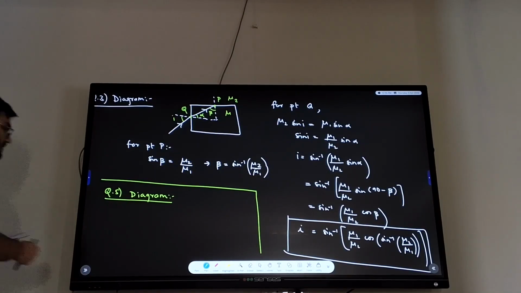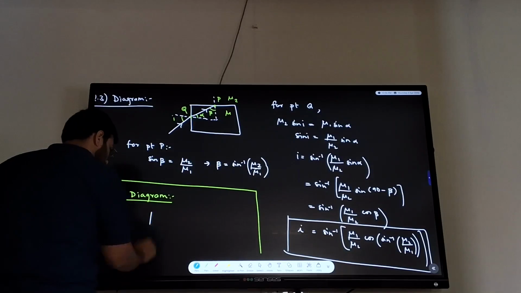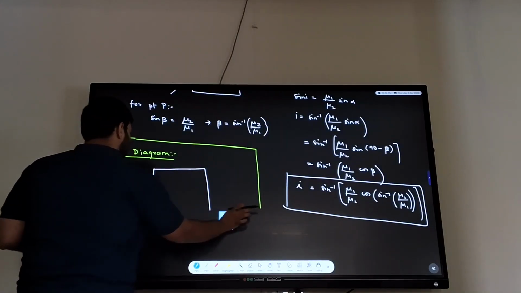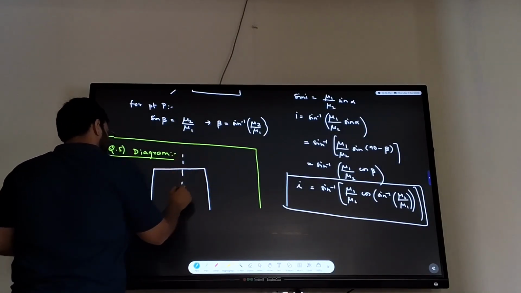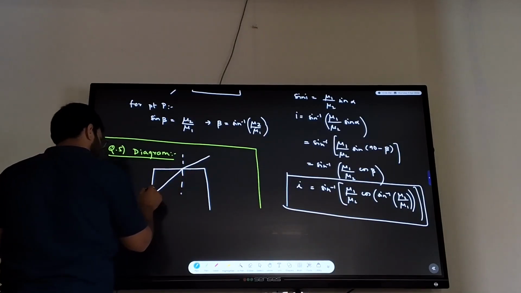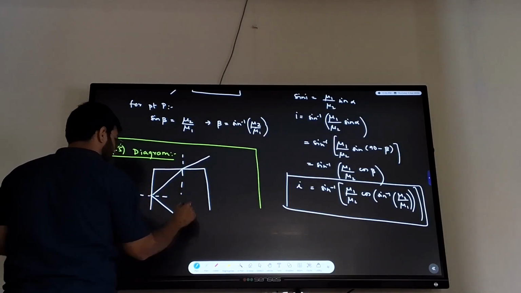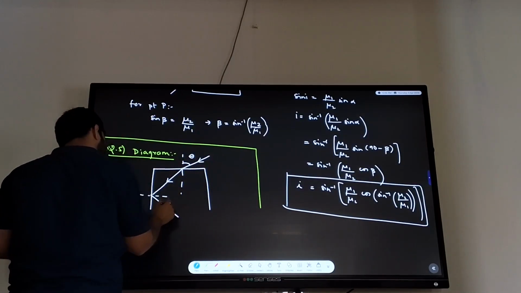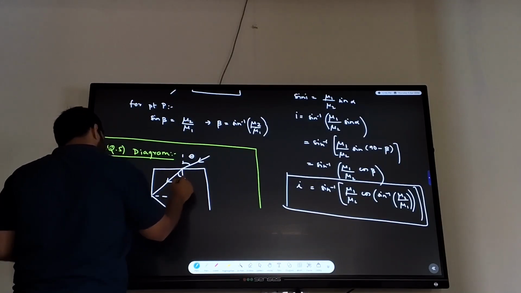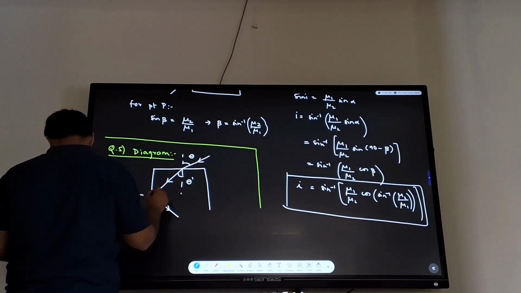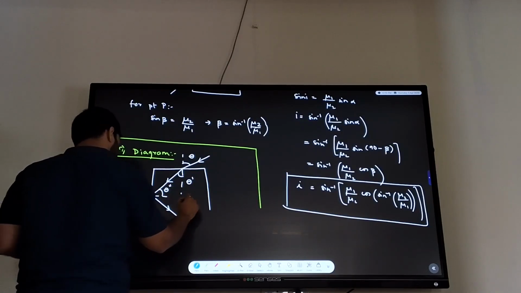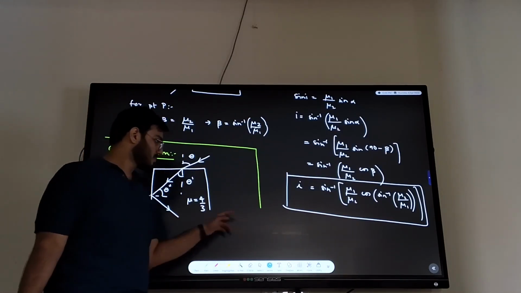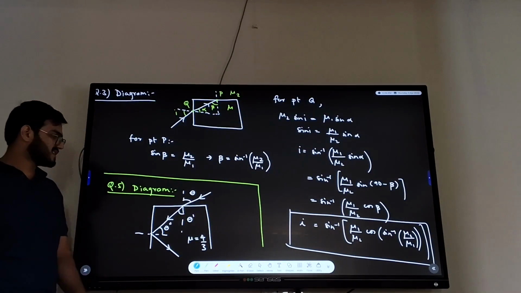Let me make the diagram something like this. This is the diagram at hand.